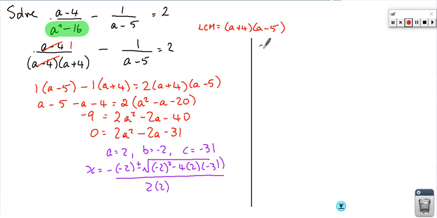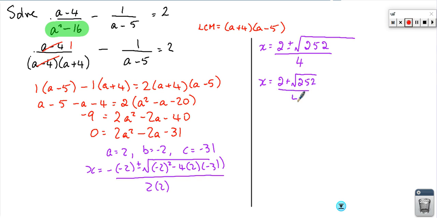So we've got x equals 2 plus or minus the square root. We're going to work that problem. So that's plus or minus 252 when you work out this sum, 1 over 4. So I get x equals 2 plus root 252 on 4, or 2 minus root 252 on 4.